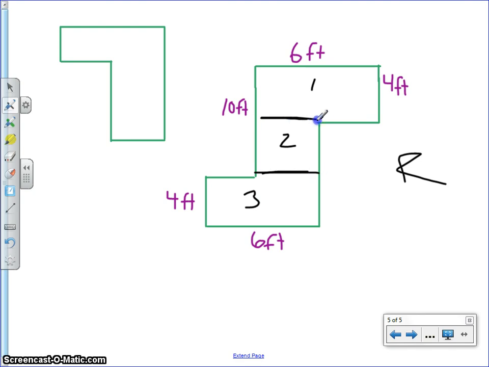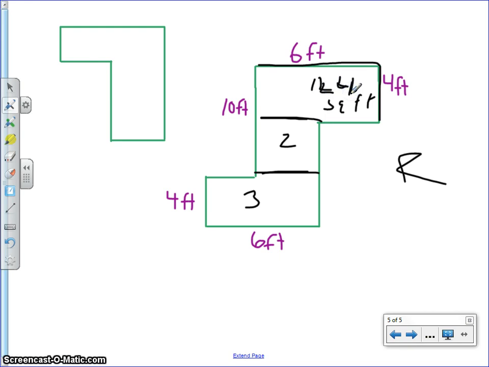And when I find all 3, then I can just add them together and get my final answer. Well, this first one's easy. I can take my length, the 6 feet, versus this width here, 6 times 4, and that's going to give me 24 square feet. I know the writing's terrible on this. I apologize. Okay, so that one's 24 square feet.